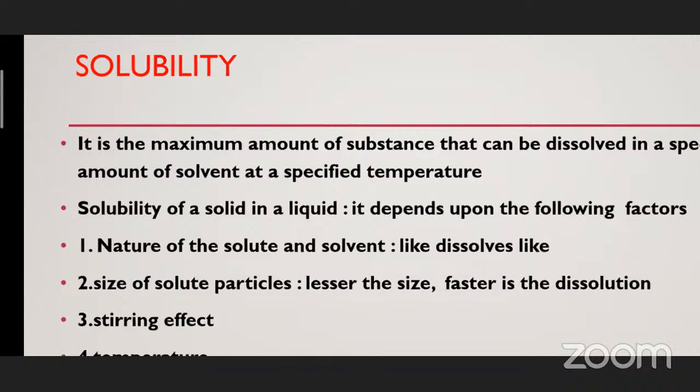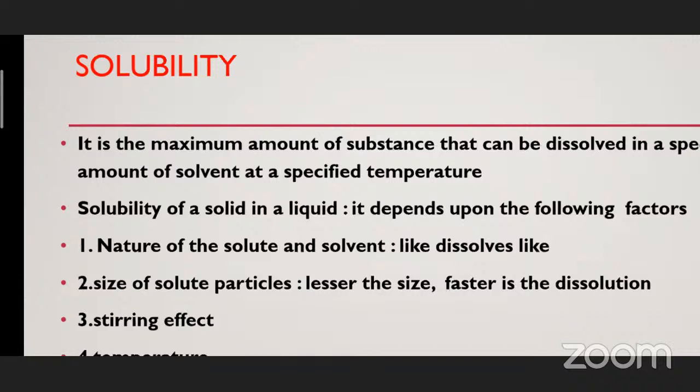Now let us see the factors affecting the solubility of a solid in a liquid. The first factor is the nature of the solute and the solvent. What do we mean by nature? It is about the polar behavior.